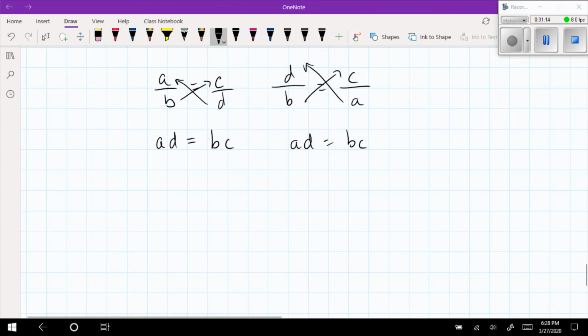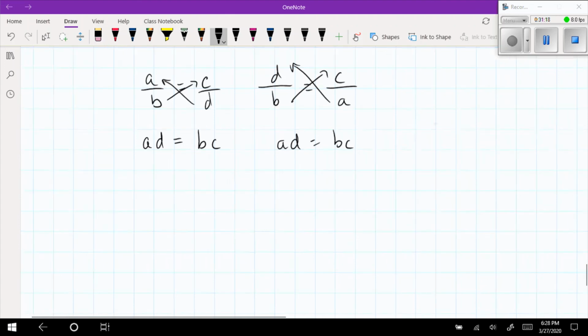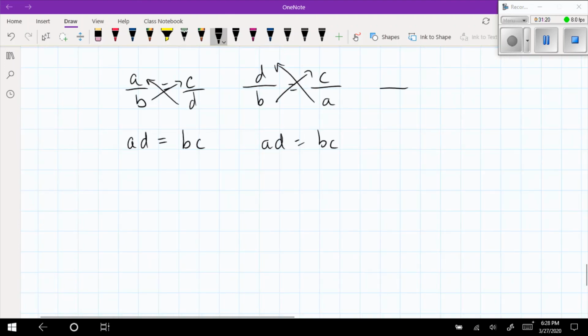Or I could leave the A and the D alone and swap the bottom left with the top right. So I could put a B up here and a C down here. When I cross multiply, I'm still going to get AD equals BC.